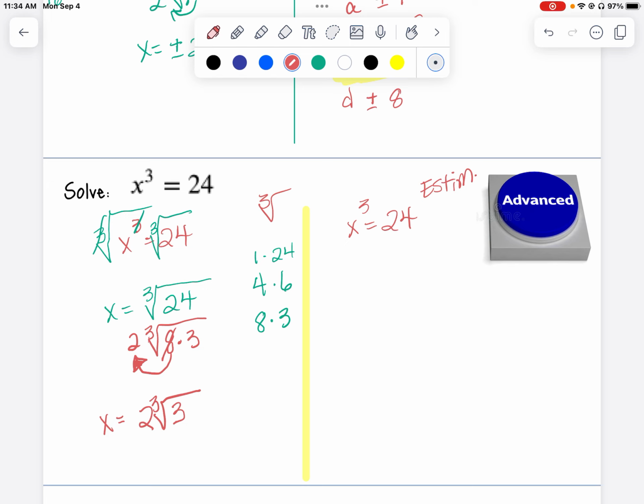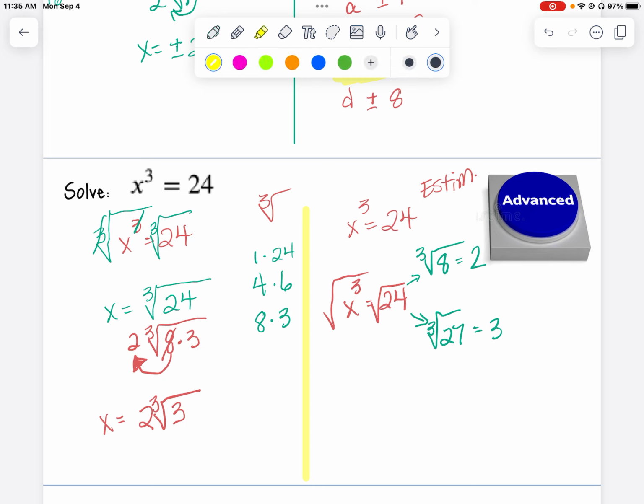My estimated form, when we take the cubed root, I know that 27 is my next perfect cube. That's 3. And I know that 8 is the previous cube, and that's 2. So the cubed root of 24 fits somewhere right in between.